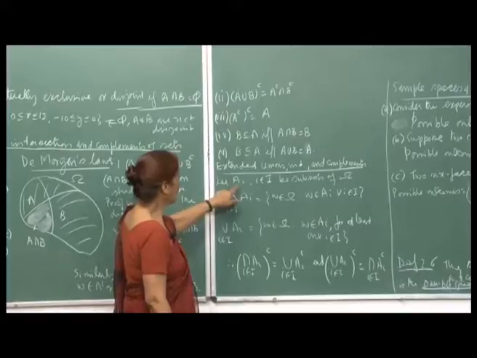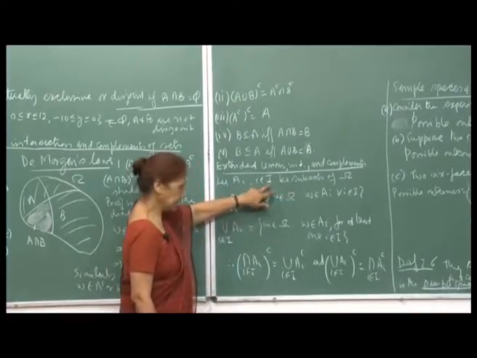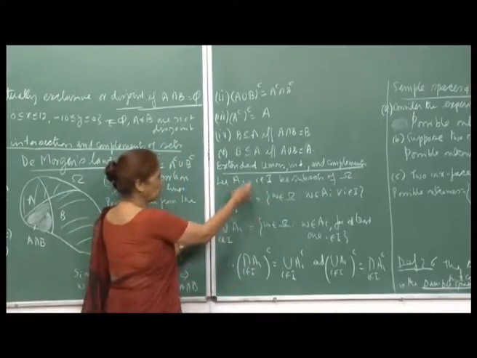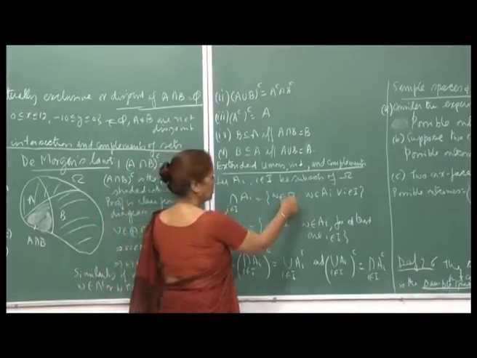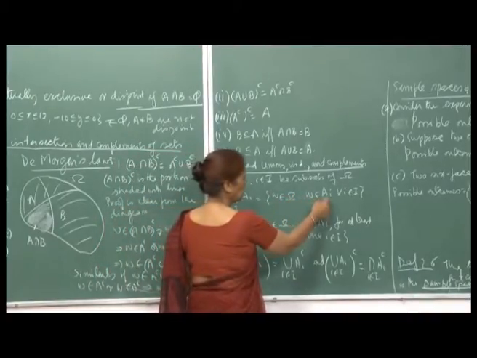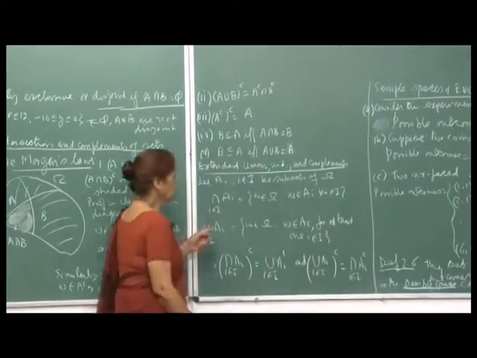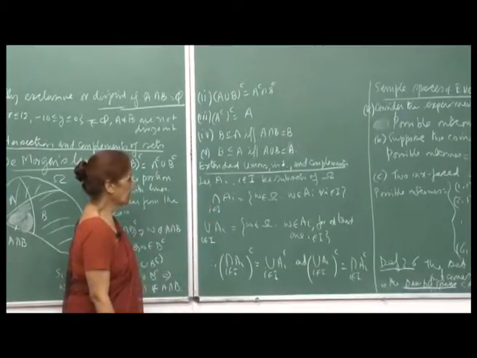Now, if all these A_i are subsets of omega, where i is in the index set I, then you can say that the intersection of all the subsets, i belonging to I, is the set of omega belonging to the universal set such that omega belongs to A_i for all i. So, if an element is present in all the A_i's, then it will be present in the intersection.